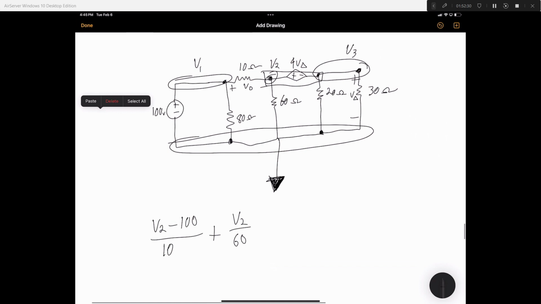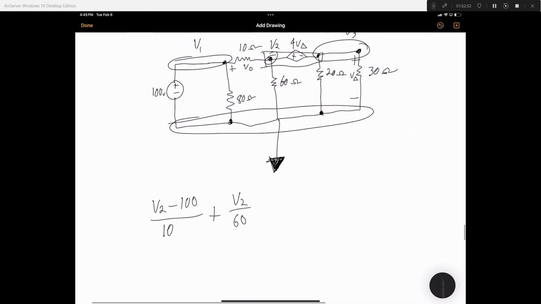Then we'll call this point over there V3. One sec.